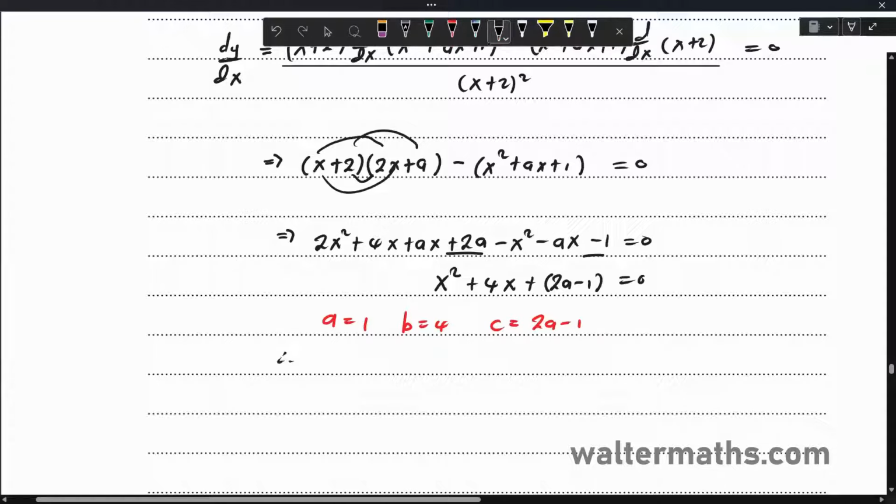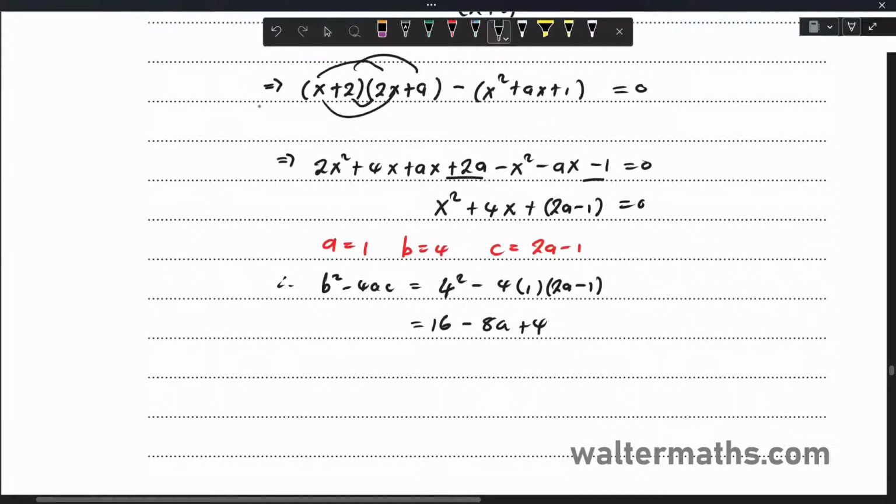So b squared minus 4ac is 4 squared minus 4 of 1 of 2a minus 1, which is 16 minus 8a plus 4, which essentially is 20 minus 8a.